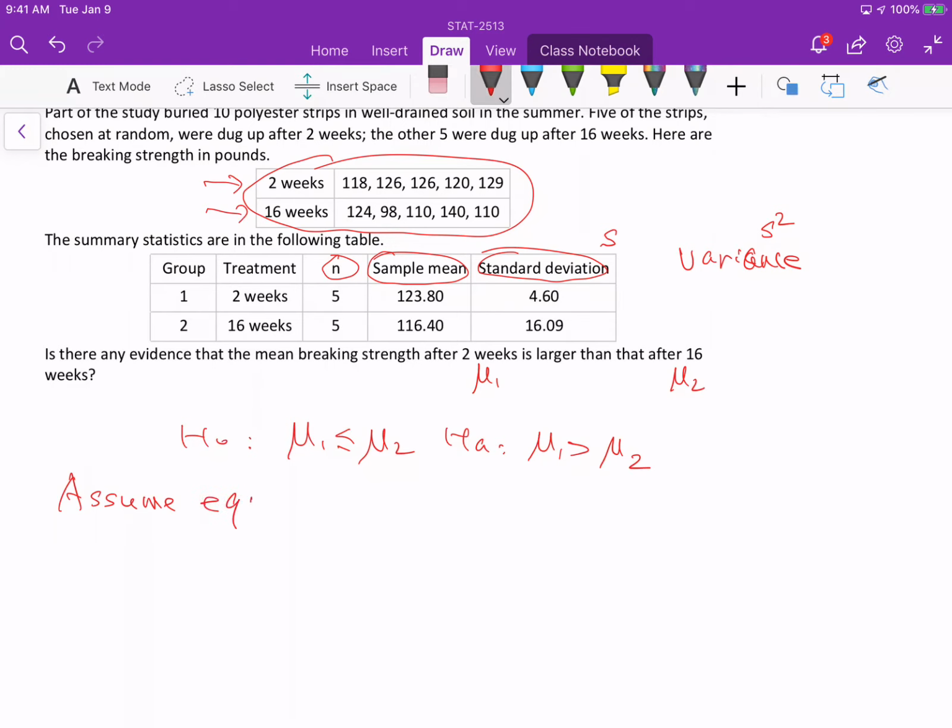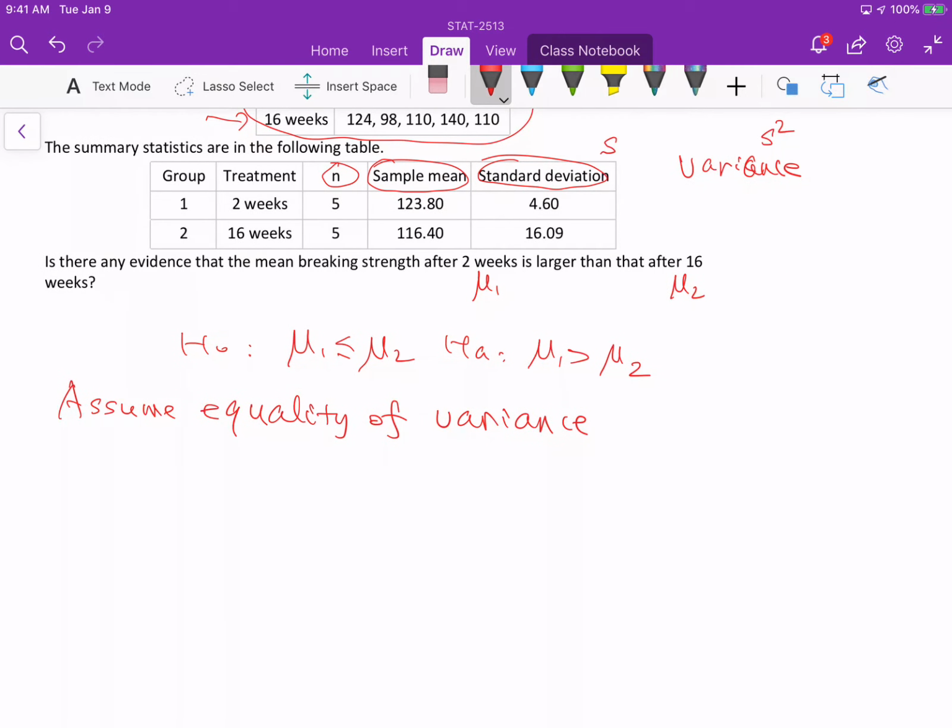If we assume the variances are equal, the first step is to calculate the pooled standard deviation.